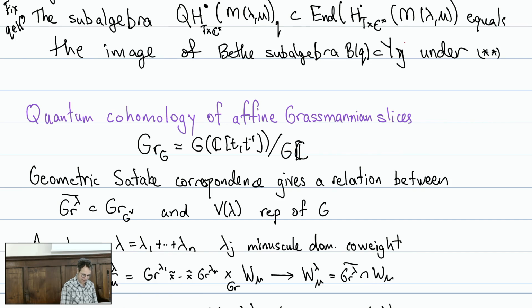And remember we gave a geometric description of this in terms of G bundles on P1 trivialized away from 0. And now there's this great geometric Satake correspondence which studies a certain category of perverse sheaves on this affine Grassmannian and proves it's equivalent to the category of representations of what's called the Langlands dual group.